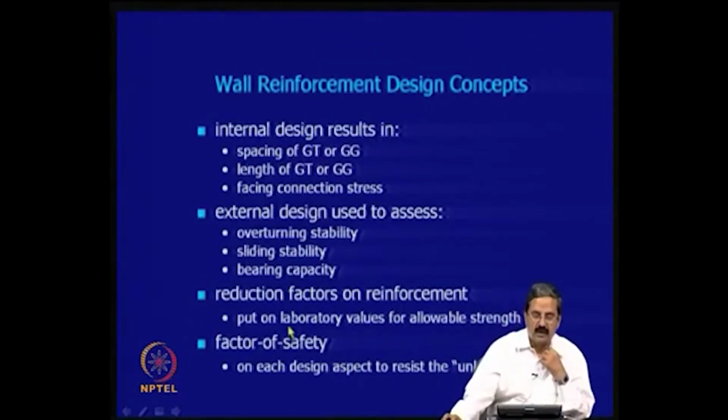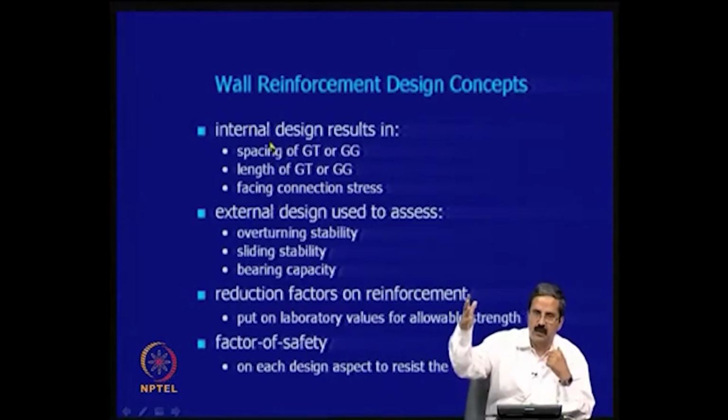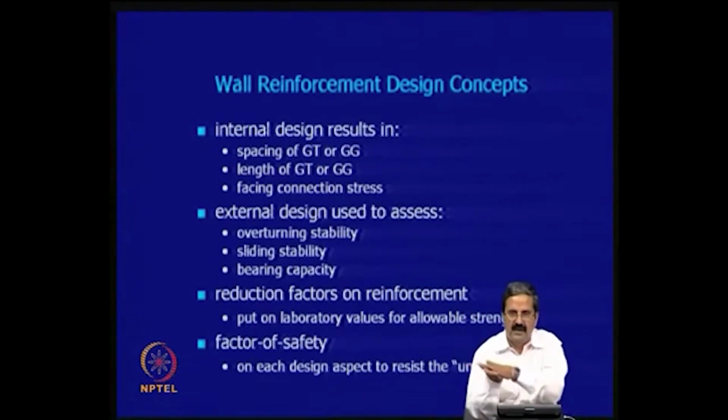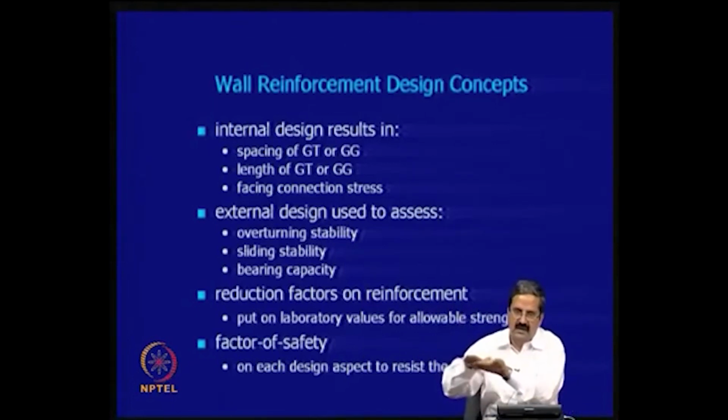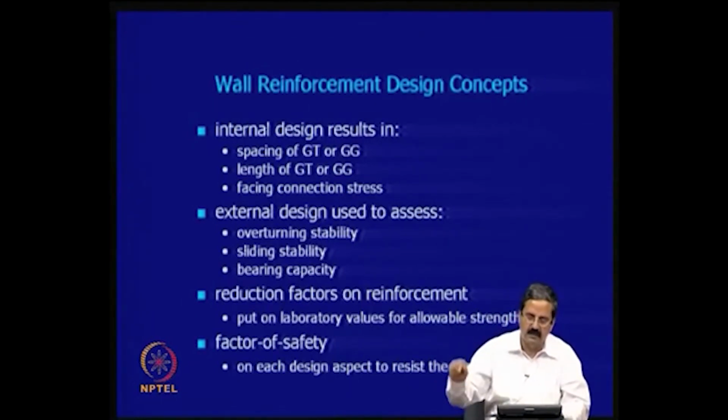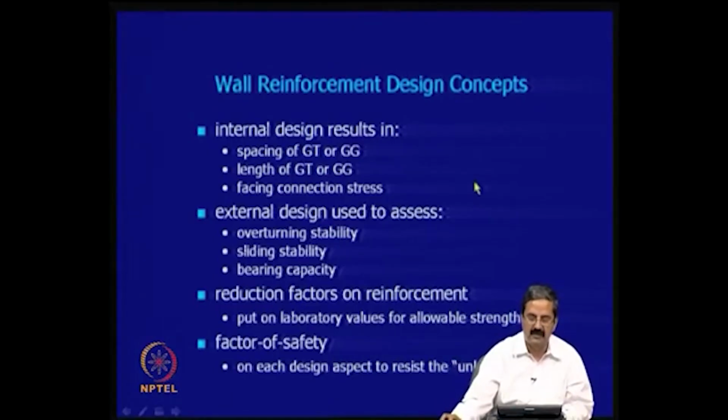Then when you are talking about reinforced walls, particularly flyovers and all that, as I just mentioned, you are using a geotextile or geogrids here. In internal design, the earth pressure that comes from the retaining wall has to be resisted by the reinforcement. Because of friction between the soil and reinforcement, if there is a force coming here, you have a geogrid and backfill soil there, and there is a friction in the opposite direction that resists the earth pressure force.